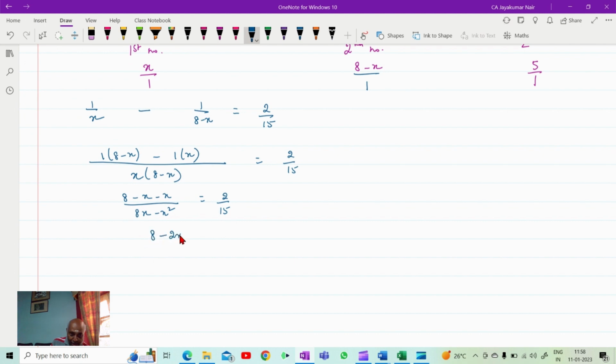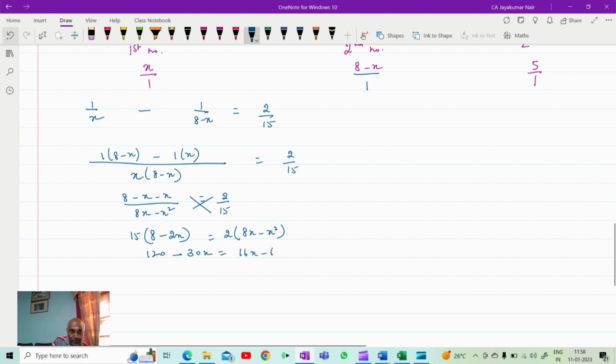This we can further simplify. 8 minus 2x is the numerator, so I'm doing the cross multiplication. 8 minus 2x multiplied by 15 is equal to 2 into 8x minus x squared. So 15 into 8 is 120 minus 30x is equal to 16x minus 2x squared.